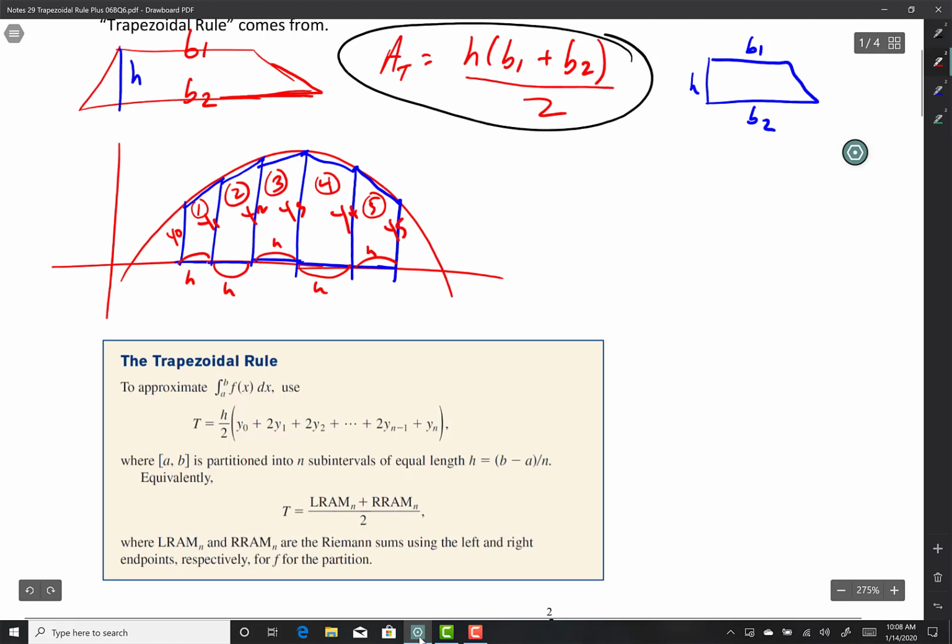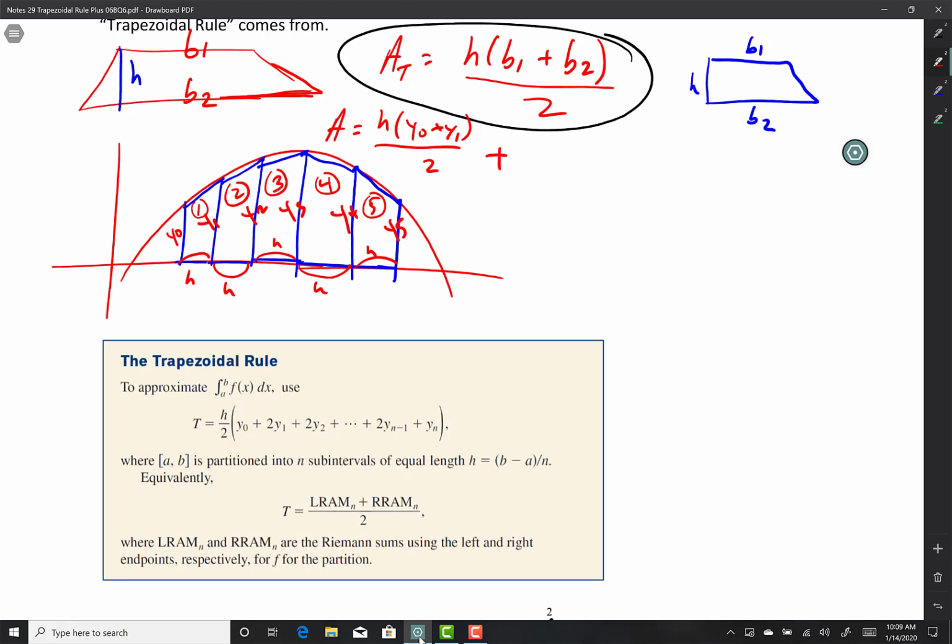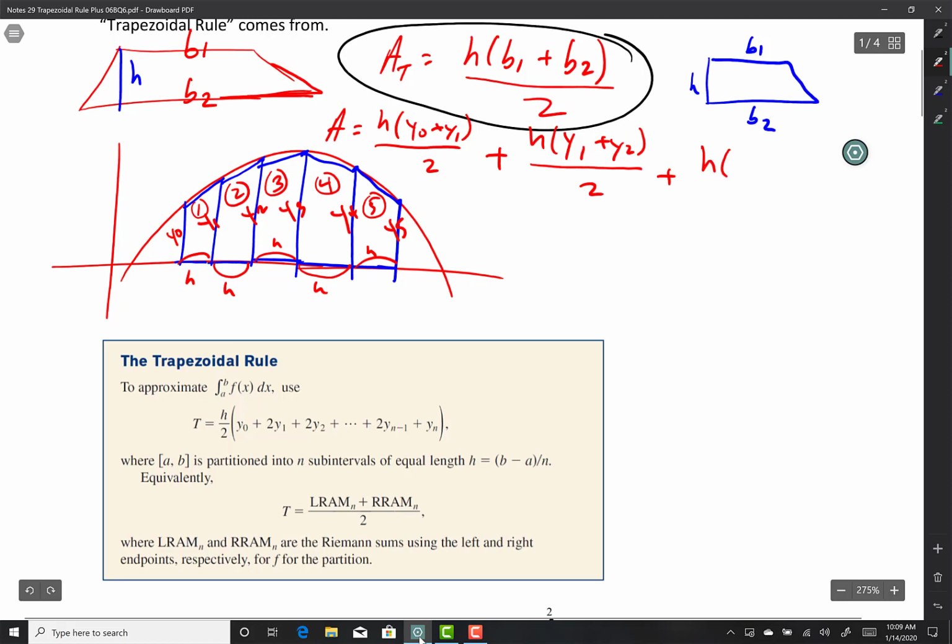So area equals, so here we go. h times y0 plus y1, divided by 2, plus h times y1 plus y2, divided by 2, plus, does everyone see where I'm getting these numbers from? Plus h times y2 plus y3 divided by 2.